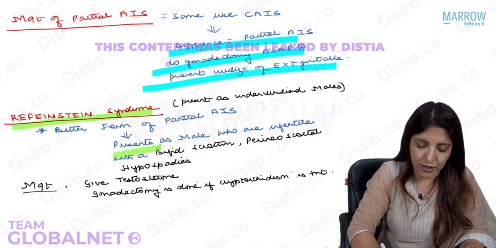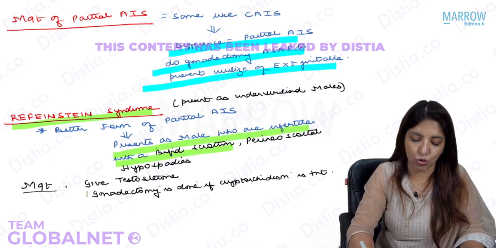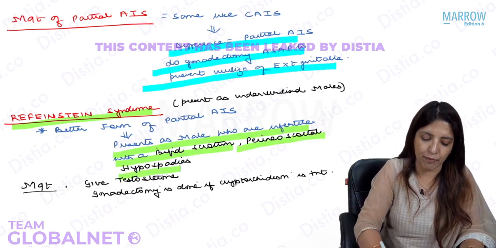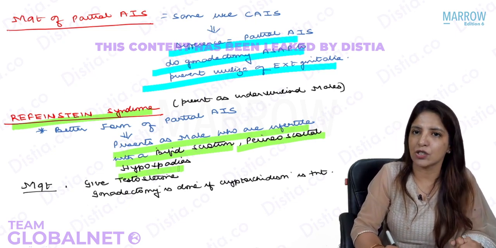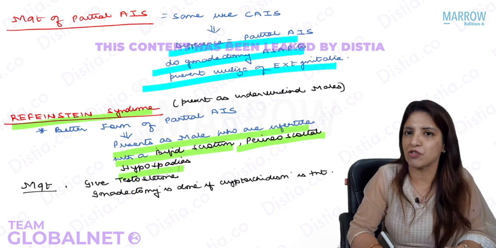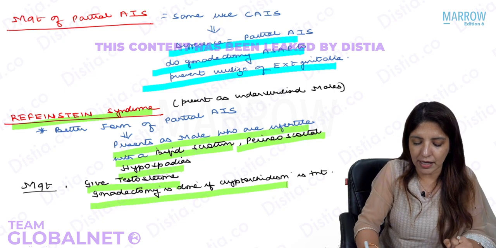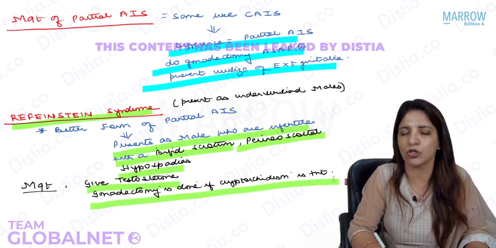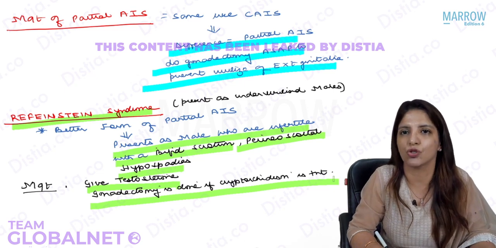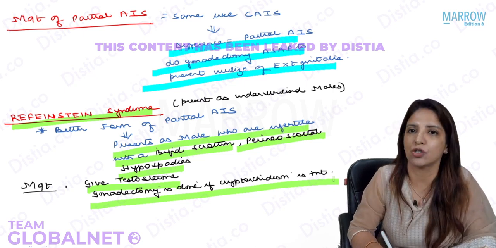So they are going to present to you as males who are infertile with a bifid scrotum or a perineoscrotal hypospadias. And whenever you have an individual with Reifenstein syndrome, treatment is testosterone, and gonadectomy is done only if cryptorchidism is present. If cryptorchidism is not present, then gonadectomy is not done in them. Have you understood Reifenstein syndrome, and have you understood complete and partial androgen insensitivity syndrome?